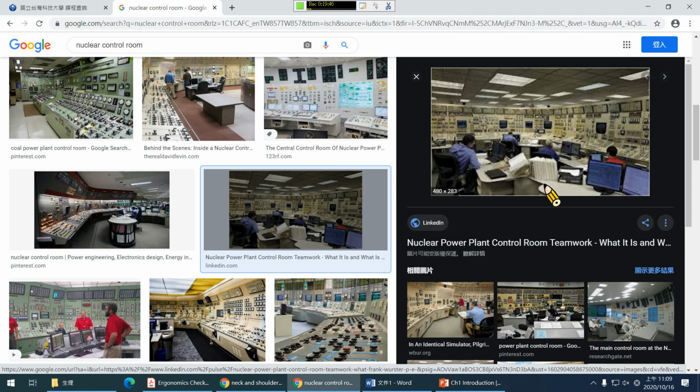But everybody knows a fully automatic system sometimes breaks down, sometimes has problems. It doesn't run completely by itself.